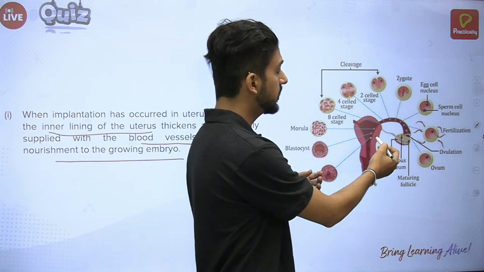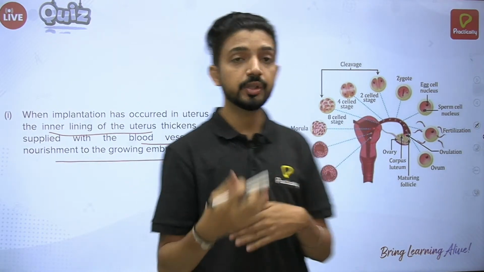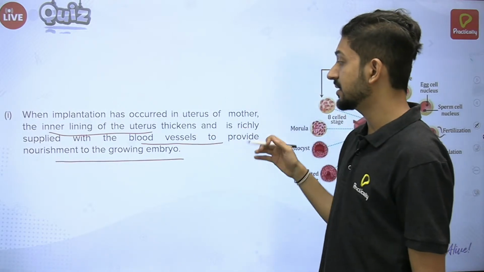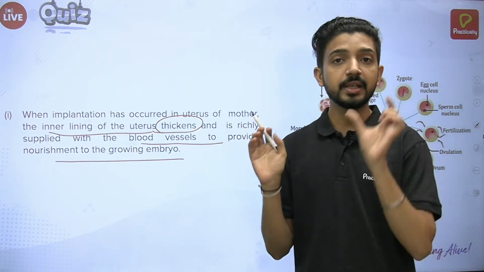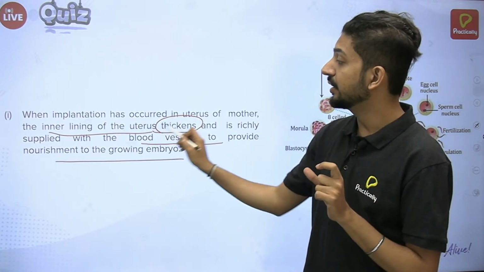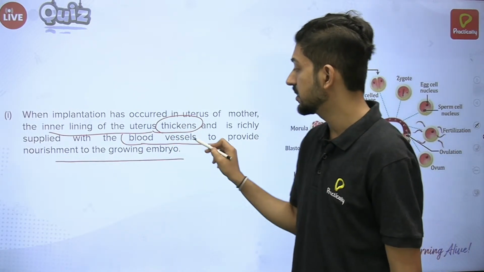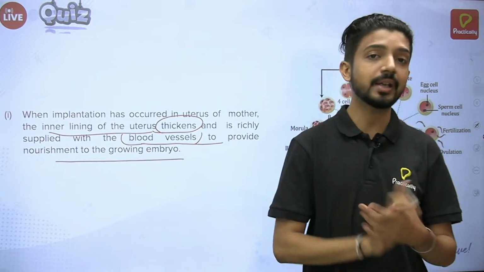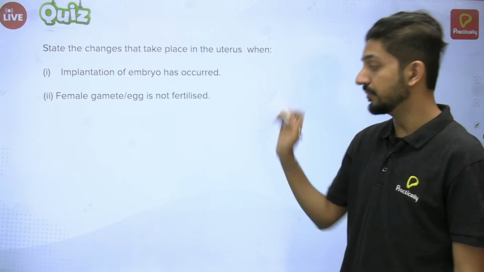Once the embryo is embedded, the uterus is going to thicken. This is the keyword over here. The main essence of the answer which you have to mention is that the lining of the uterus thickens and is supplied with blood vessels to provide nourishment to the growing embryo. That would be the answer for the first case, implantation of embryo occurred.